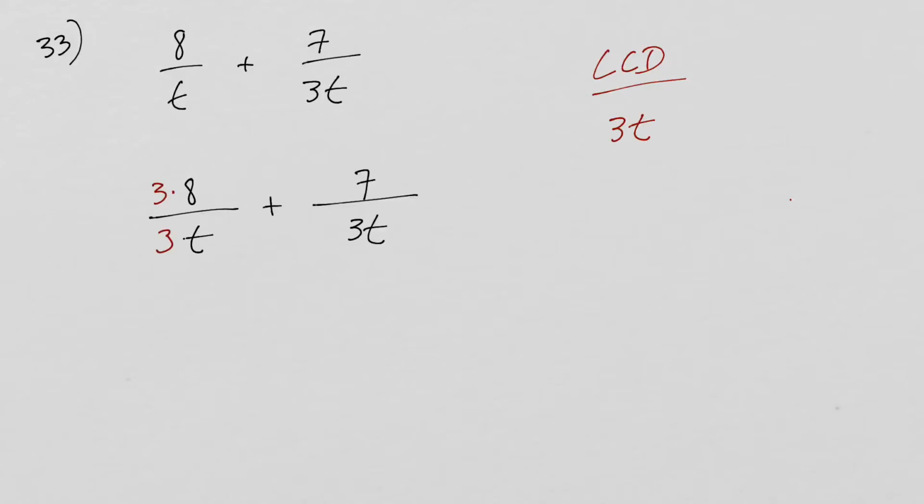So I have to do the same thing in the numerator. This one on the right, I don't have to do anything. And so now what I'm ending up with is 24 plus 7 over 3t, which is 31 over 3t.